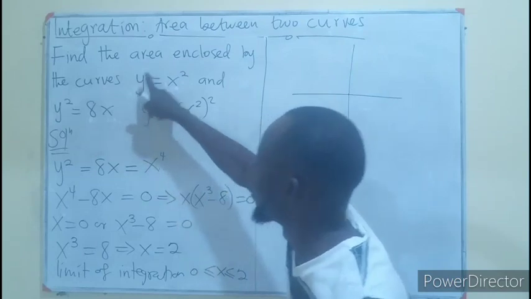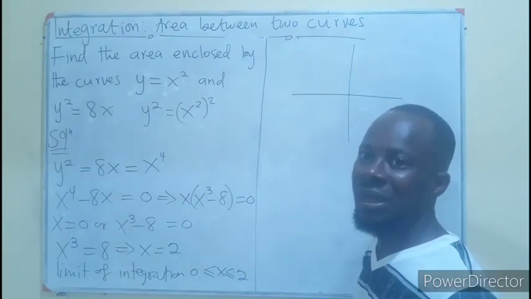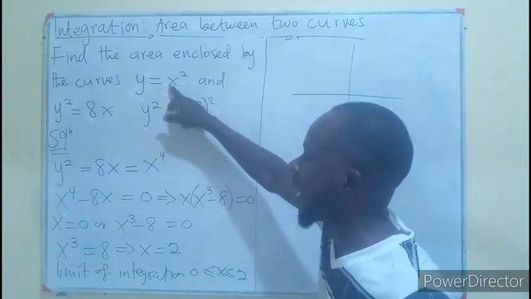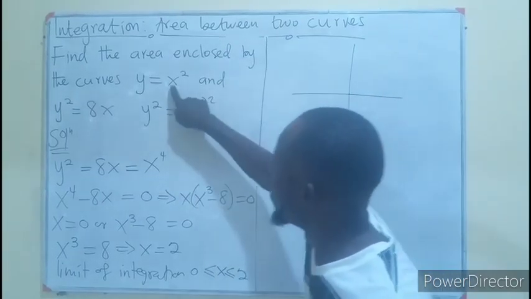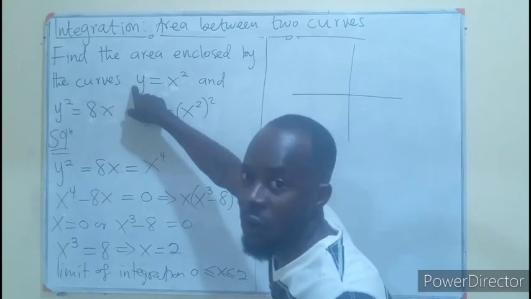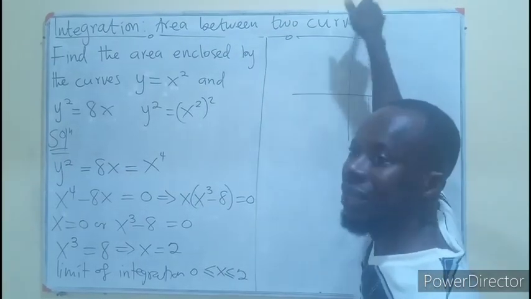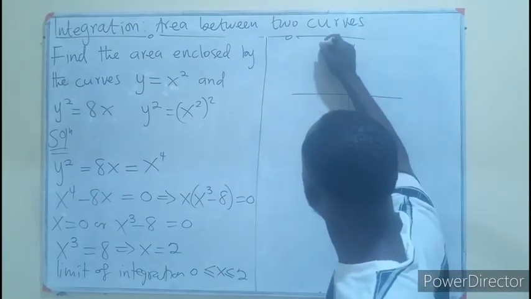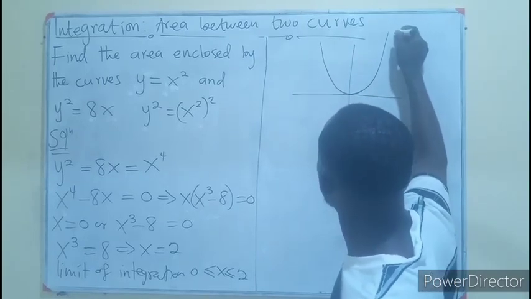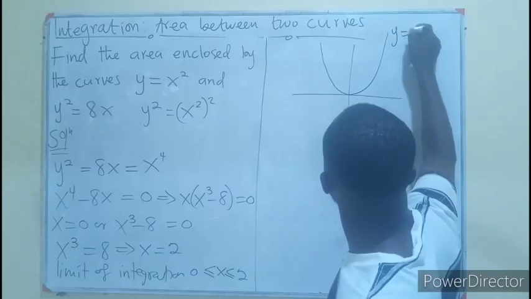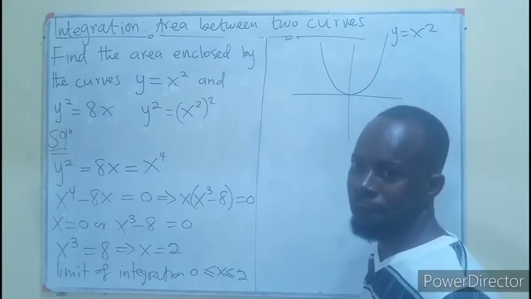If y is 0, x will still be 0. Then, if this is 1, this will be 1. So 1, 1. If this is 2, this is going to be 4. So 2, 4. You see, it's going to be upward. So we are going to have our curve this way, which will be y equals x squared.